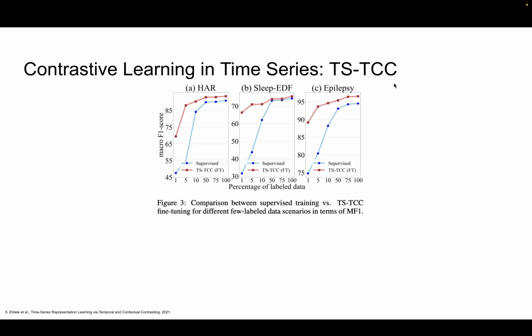In this paper, one experiment that they did is to change the amount of labeled data. You might have a data set, but you might not have all the ground truths for it.